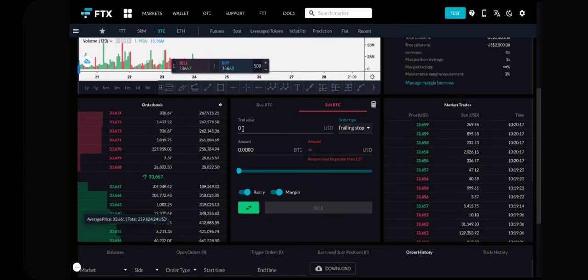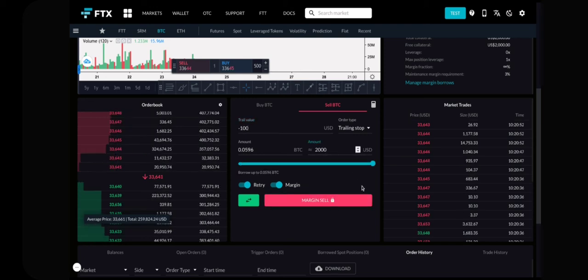Okay. And what you do then with the trail value is you have to put in the number of dollars behind the current price that you want to trail it. So let's say it was $100. If you're using a sell stop order, it needs to be negative, so it wants to be minus 100. All right.